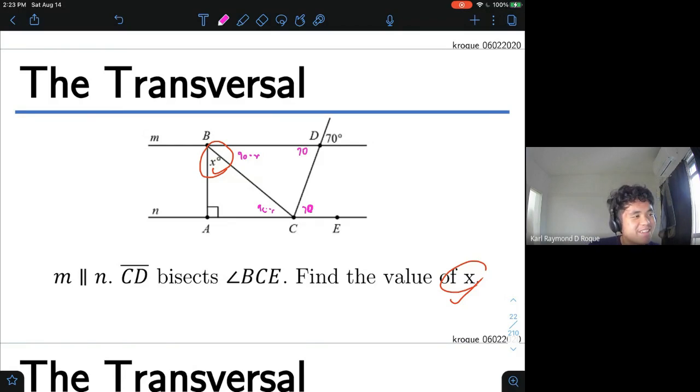So, sige, does anyone have an answer? Tama. 50. Yes, that's correct.